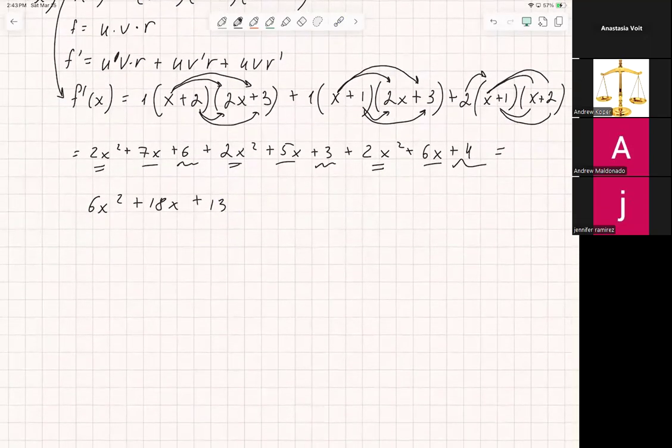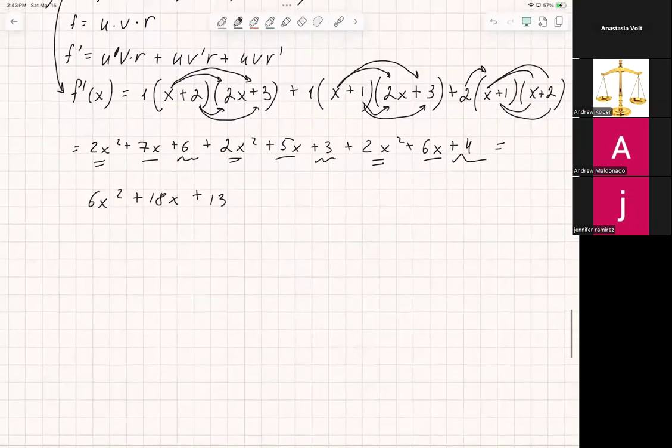Okay, the next problem would be like this. f of x equals 4 over (3x minus 1) squared.